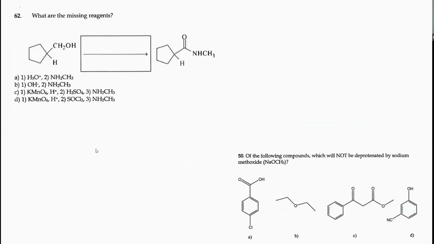Okay, let's see if somebody can answer this question. What are the missing reagents? You're going from an alcohol, the cyclic structure is still there, and you're converting that into an amide. Okay. So what is the right answer to this?